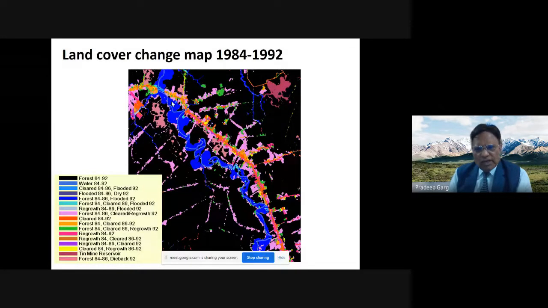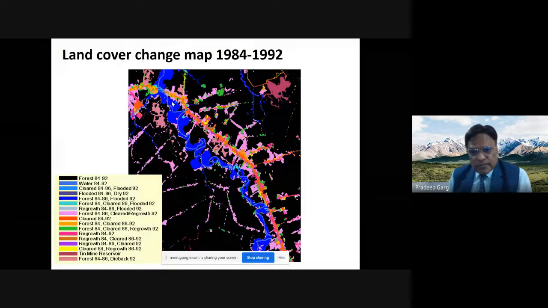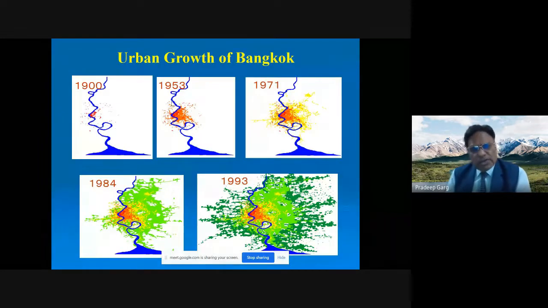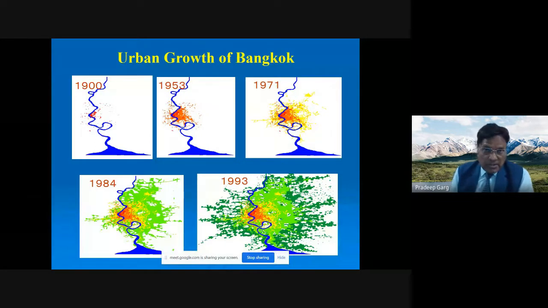So one can assess how much land is damaged, what kind of land was there, whether it was agricultural land or urban area which has been damaged by the flood. So the urban growth of any city has become so important whenever we are talking of sustainability, the goal of sustainable development.